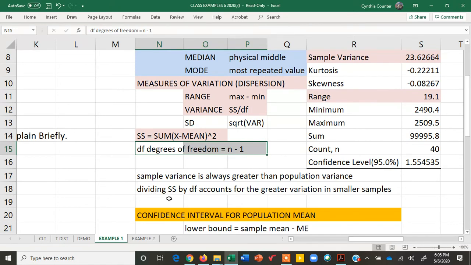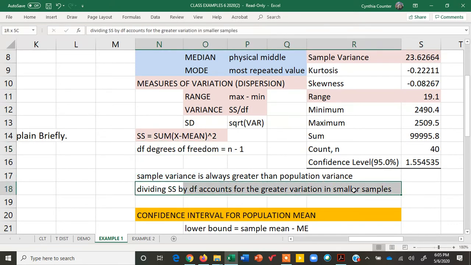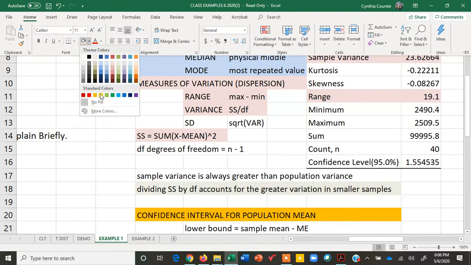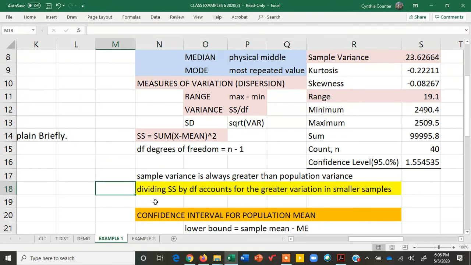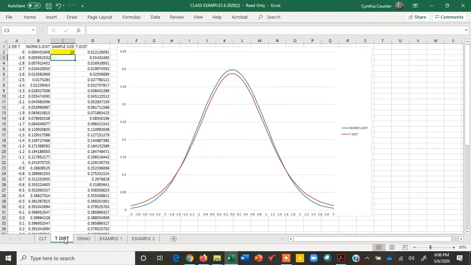We divide the sum of squares by the degrees of freedom to account for the greater variation in small samples. I have another video about the t-distribution, and the t-distribution is different for different sample sizes, and there is more variation in smaller samples. Let me just show you that quickly, because I actually have a graph here, the t-distribution.